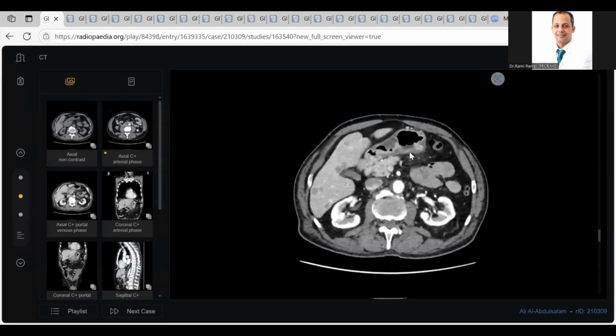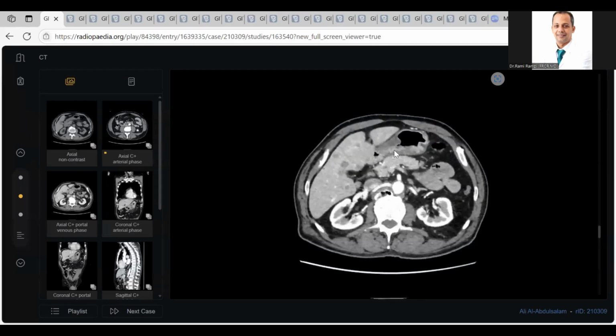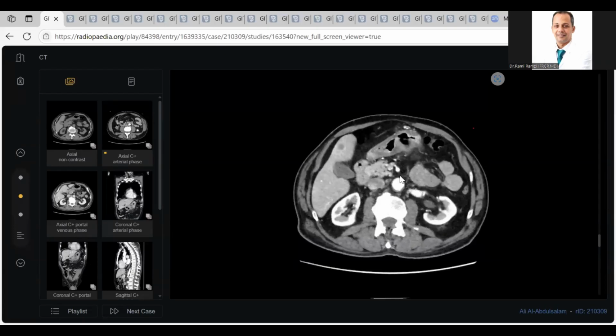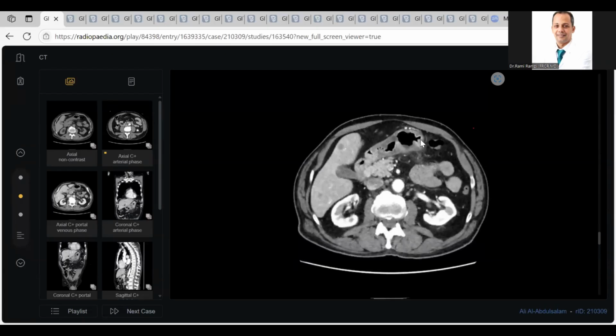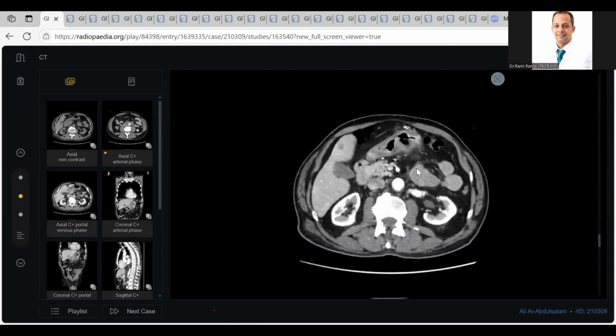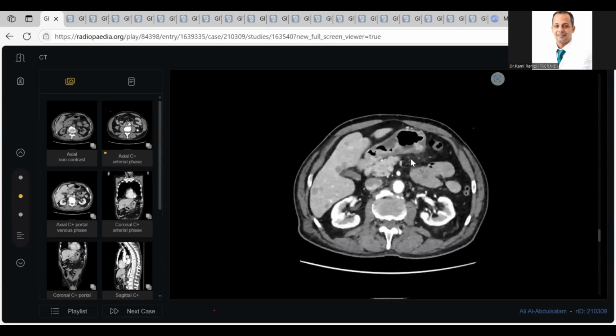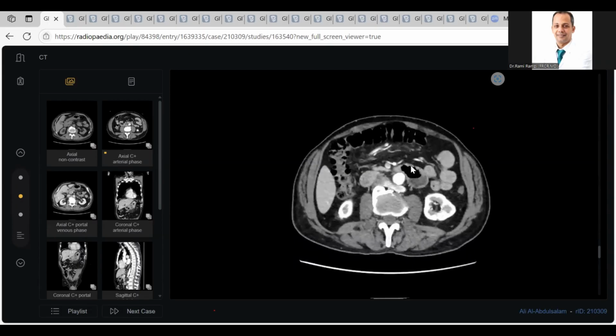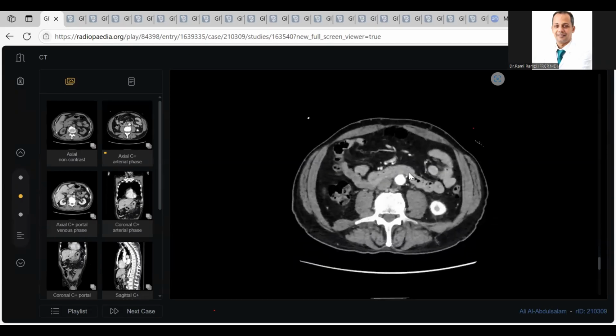There is diffuse thickening and mural involvement with contraction of the body of the gastric fundus. Also, I can appreciate that there is fat stranding in the perigastric region, in the region of the lesser sac. I'm looking for any enlarged lymph nodes. I couldn't find any enlarged lymph nodes in this scan.